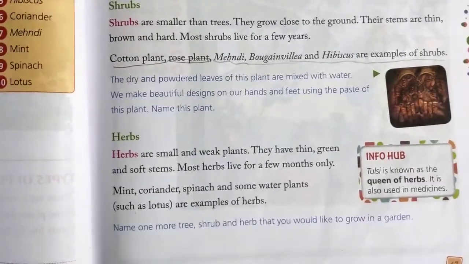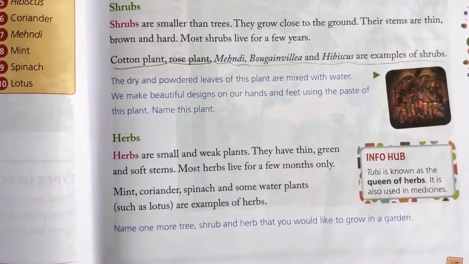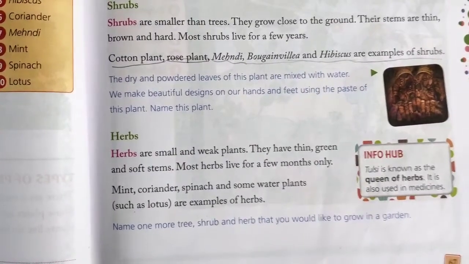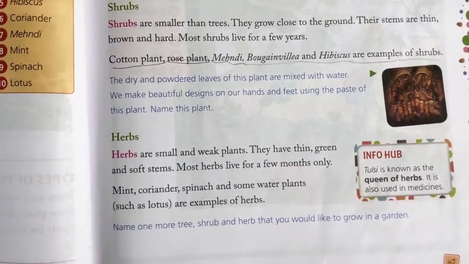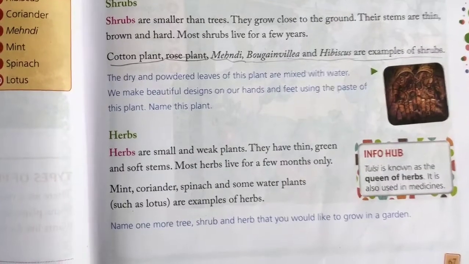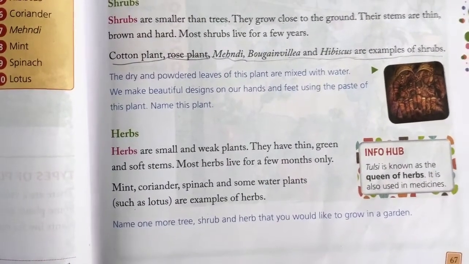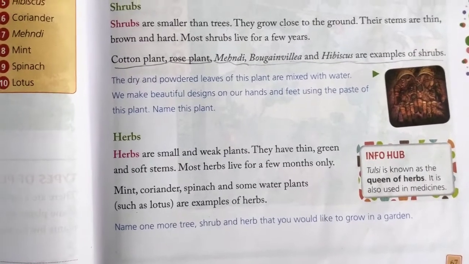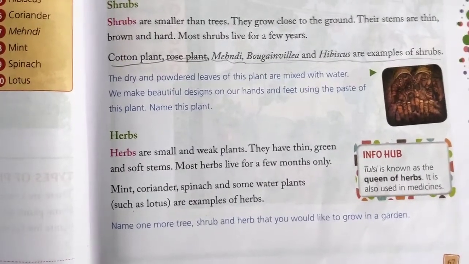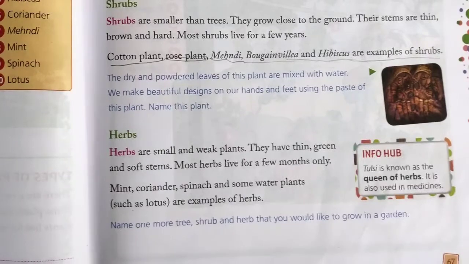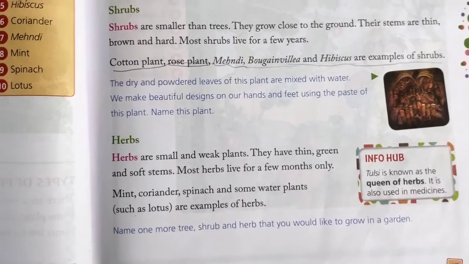Most herbs live for few months only, so the lifespan of herbs is very short. Examples of herbs given here are mint, coriander, spinach and some water plants such as lotus. These are examples of herbs, students.